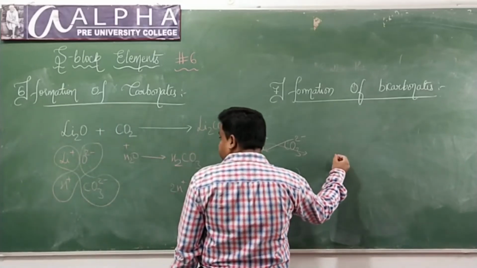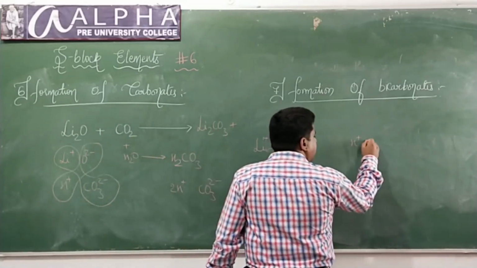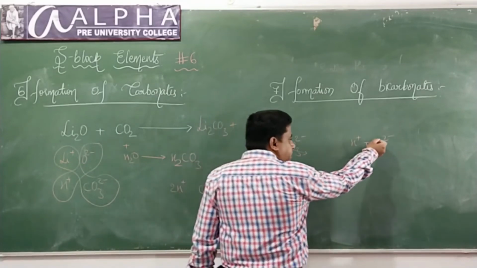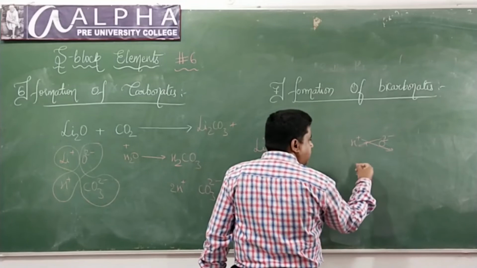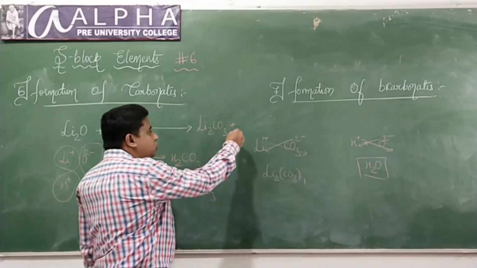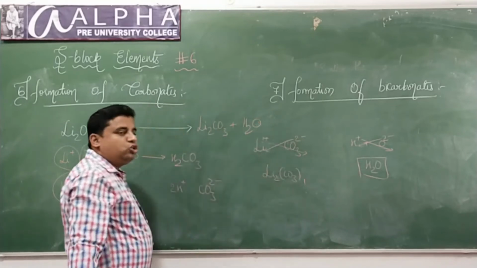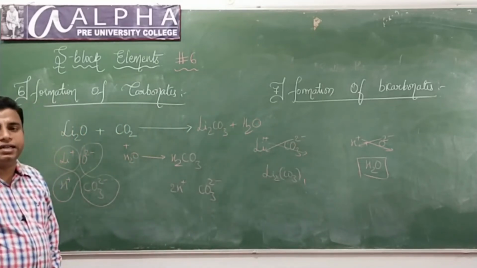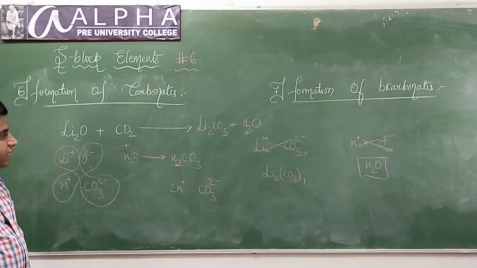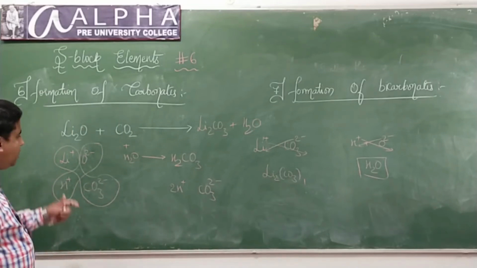H plus ion and O2 minus ion. Cross multiply, we will get H2O. Don't worry about balancing the reaction now, because we have already learnt balancing the reaction in redox reactions. Is that correct? Hope you understood.